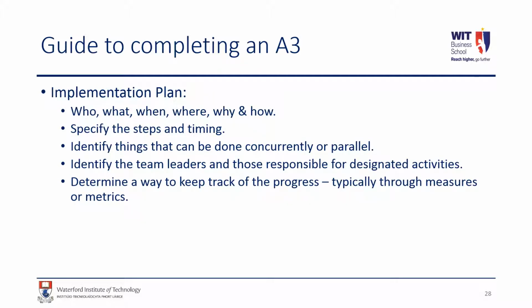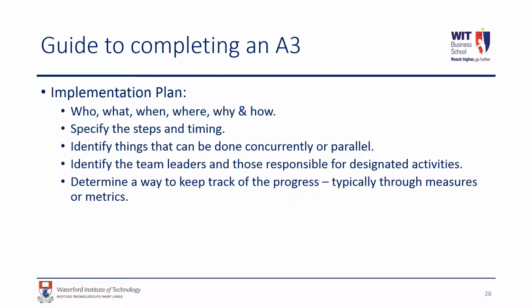Also in this section, quite often there's an implementation plan. Again, use the 5 W's and the H: who, what, where, when, why, and how. Who's going to do the work, what's going to be done, when is it going to be done, what's the deadline, where is it going to be done, so what area of the business, why are we doing this, which problem or improvement opportunity is this related to, and how is it going to be done.